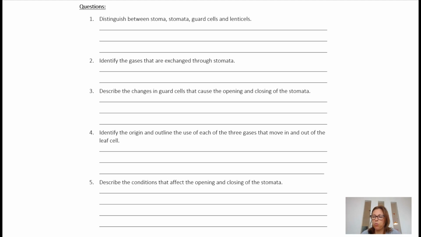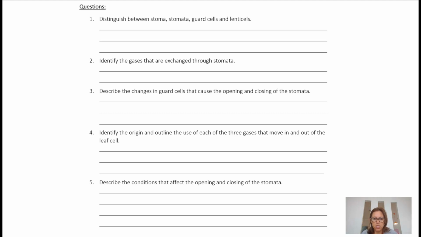Then we have water, where the water vapor actually comes from within the plant. So the water comes from outside the plant into the roots, then moves up through to the leaves, and then water vapor is formed and moves out of the cell.